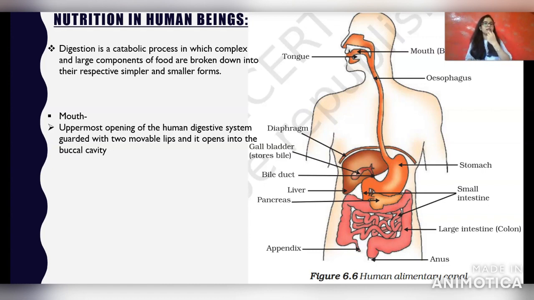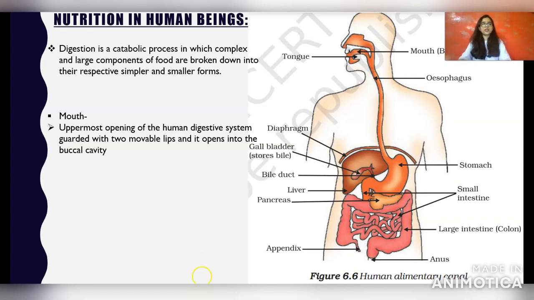Now, children, this is the mouth. Food is taken inside, and then it opens into the buccal cavity. When you open your mouth, inside it you will see the cavity behind your tongue. That is the buccal cavity.